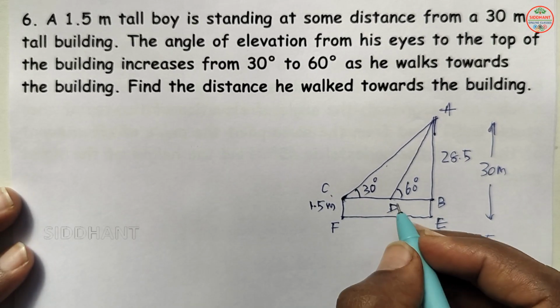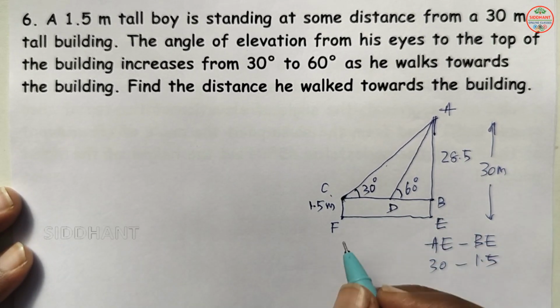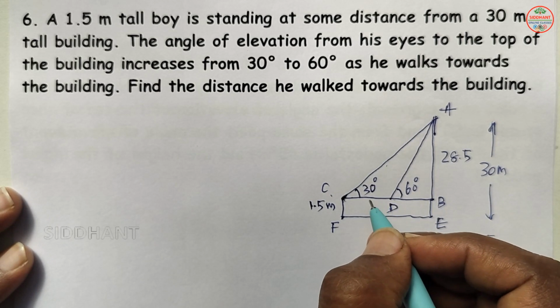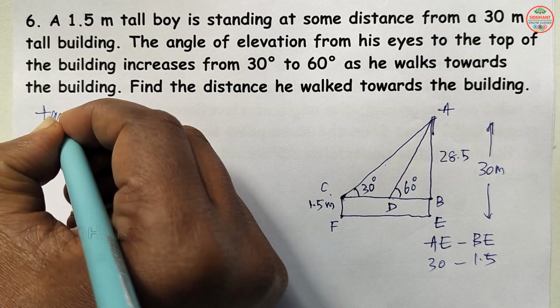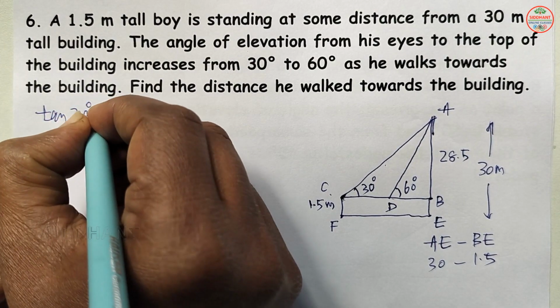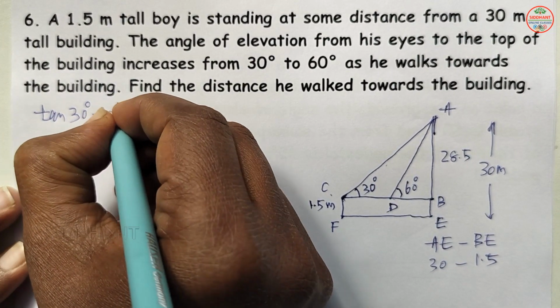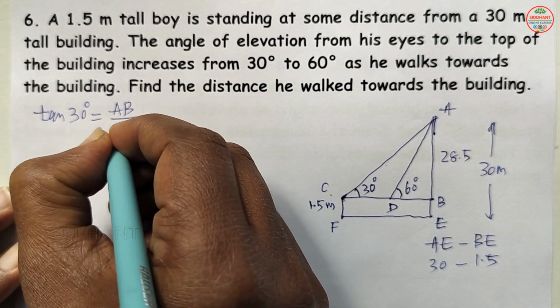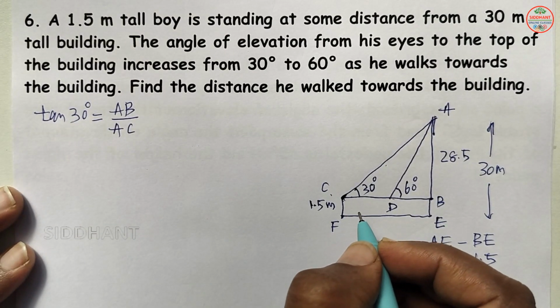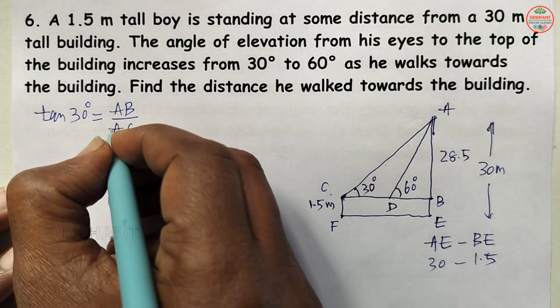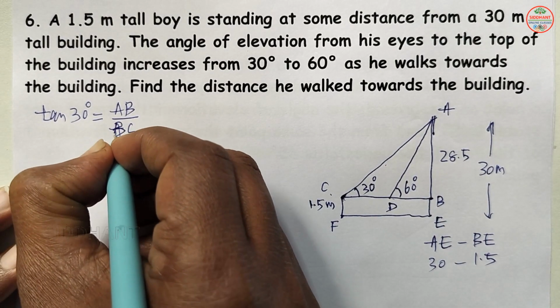So how do we find out BC first? We are going to take angle tan here. So tan 30, we get AB by BC here.